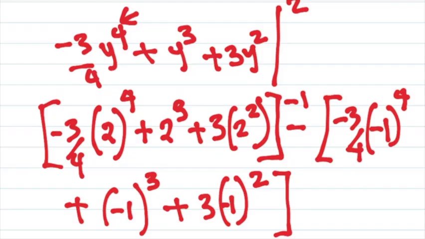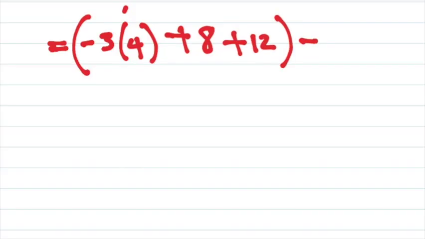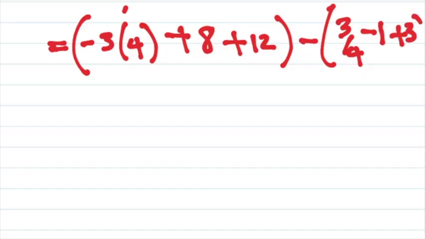And let's solve that. We're gonna have 3 over 4 times 16, which is 12, plus 8 plus 12, minus 3 over 4 minus 1 plus 3.